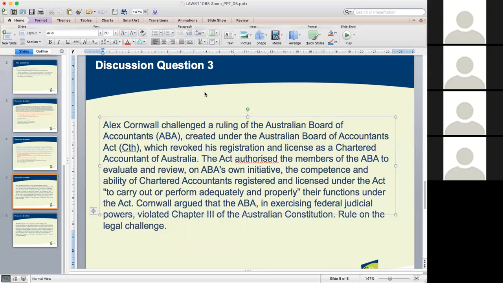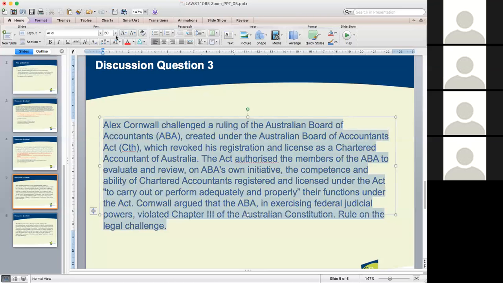The Act authorized the members of the ABA to evaluate and review on ABA's own initiative the competence and ability of chartered accountants registered and licensed under the Act to carry out or perform adequately and properly their functions under the Act. Cornwall argued that the ABA, in exercising federal judicial powers, violated Chapter 3 of the Australian Constitution. Rule on the legal challenge.